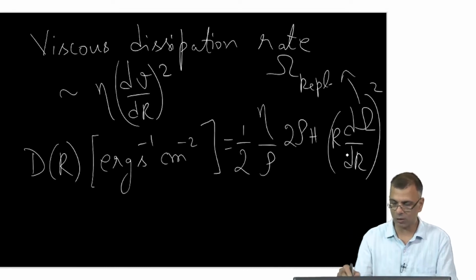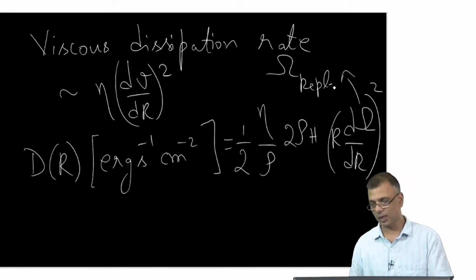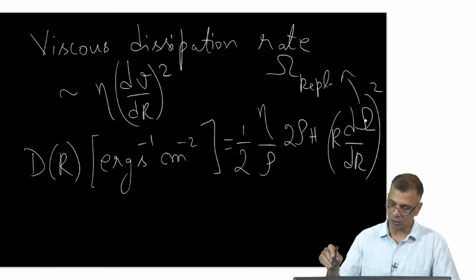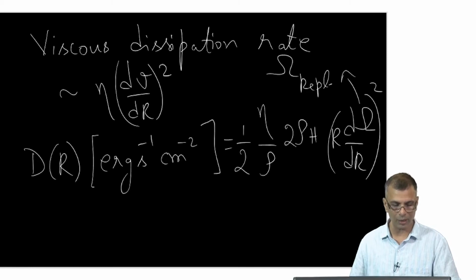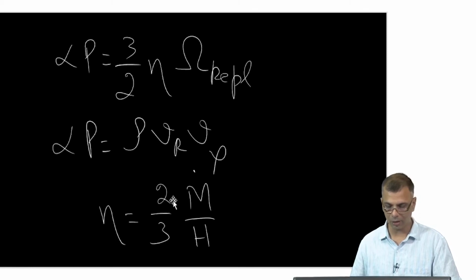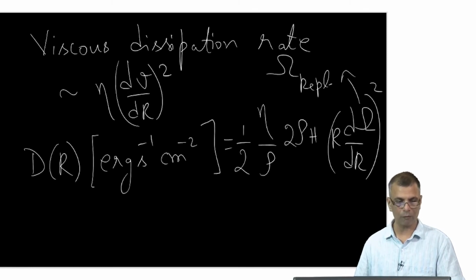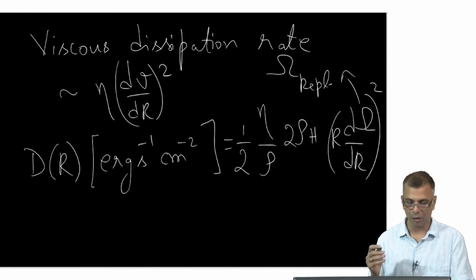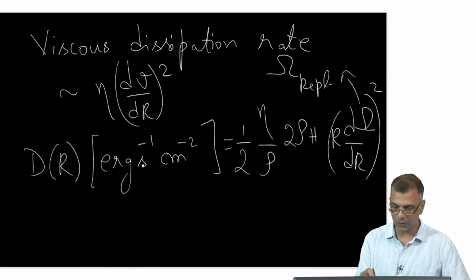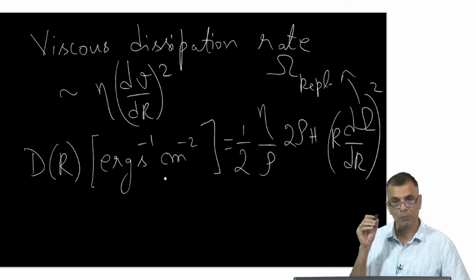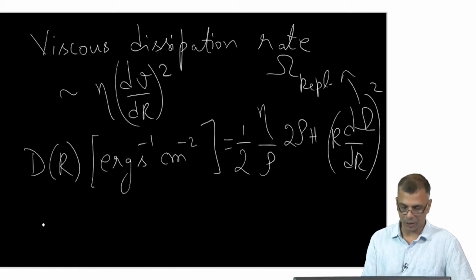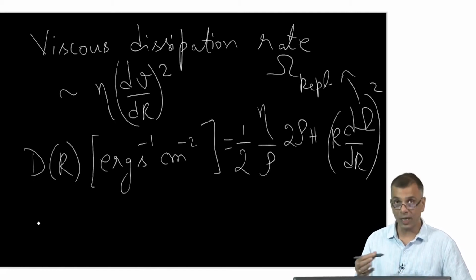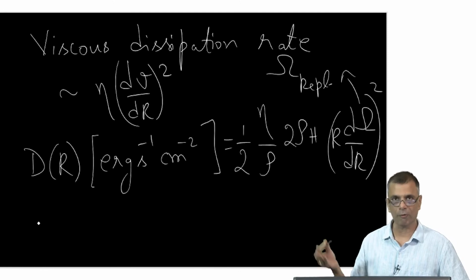And if you substitute, these rho cancel out, and if you substitute for this omega Keplerian, and for this eta using this expression, you get the following nice expression for the number of ergs per second per centimeter squared that's potentially available via viscous dissipation to heat the disk, and the heated disk of course radiates.